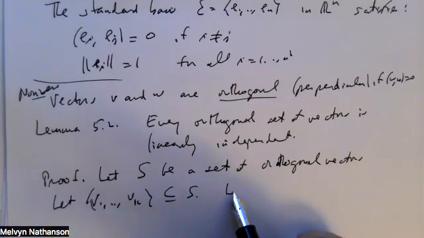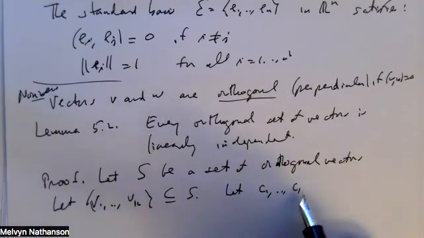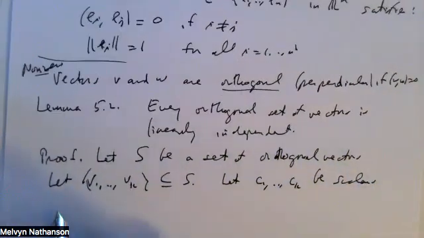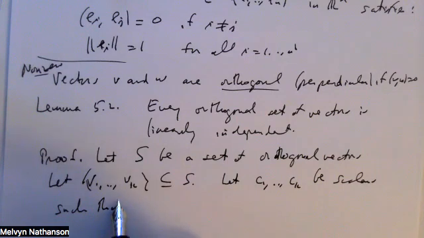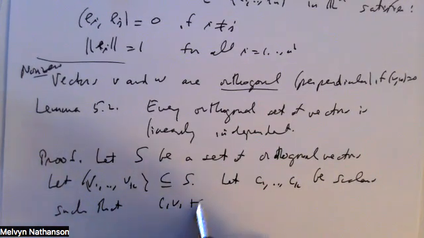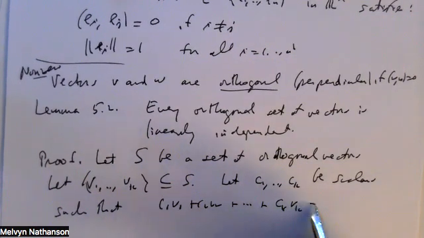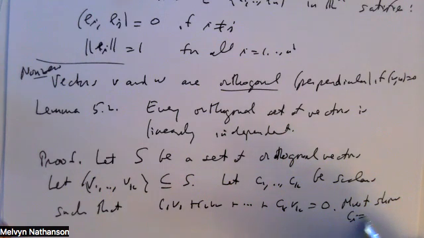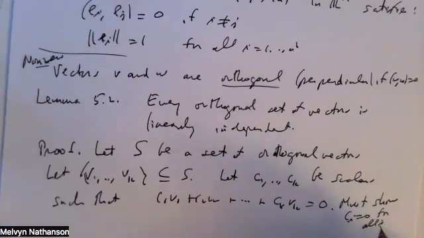So let c1 up to ck be scalars such that c1 v1 + c2 v2 + ... + ck vk is the zero vector. I want to show that all the scalars are zero. I must show c_i equals zero for all i.